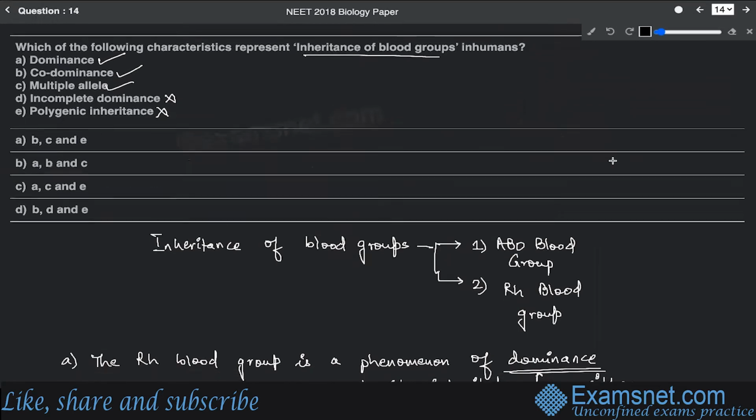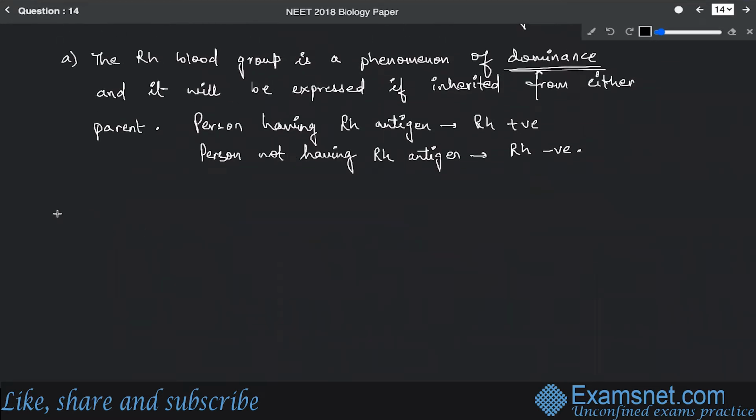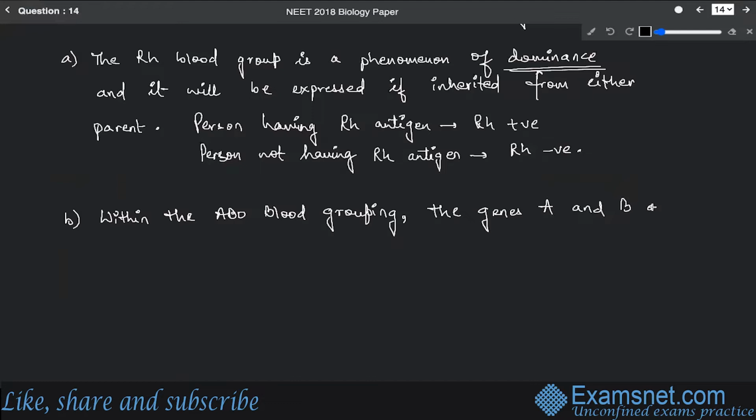Now, the next is codominance in the multiple alleles. If you consider the codominance part, ABO blood grouping is one such example of the codominance factor, because within the ABO blood grouping, the genes A and B are codominant to one another.